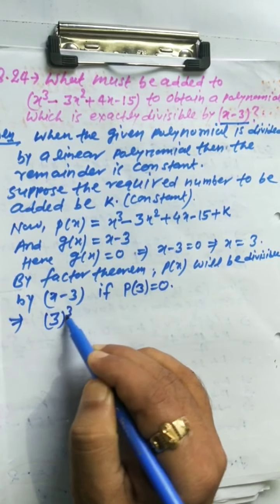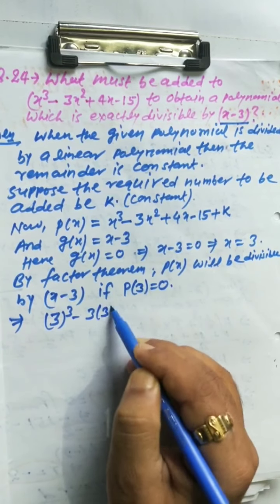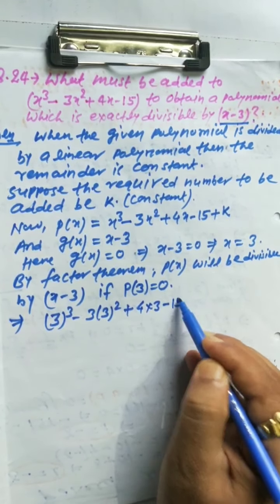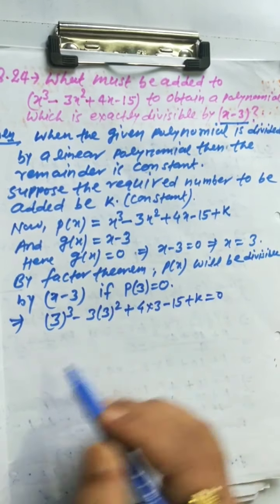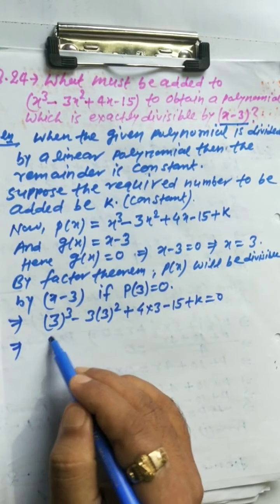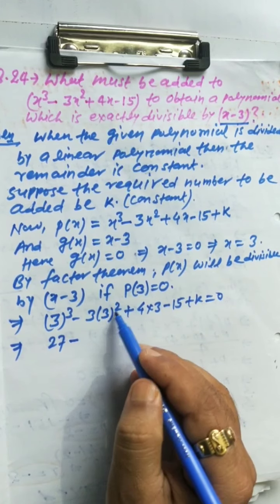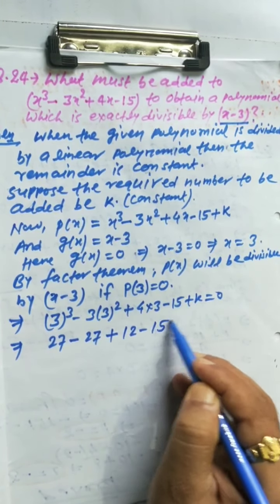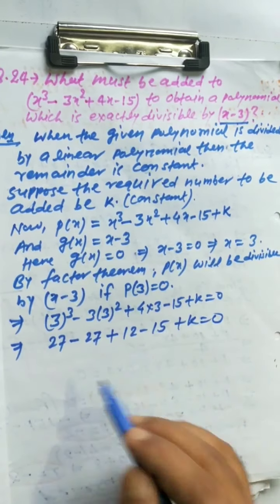So 3 cube minus 3 into 3 square plus 4 into 3 minus 15 plus k will be equal to 0. This implies that 27 minus 27 plus 12 minus 15 plus k is equal to 0.